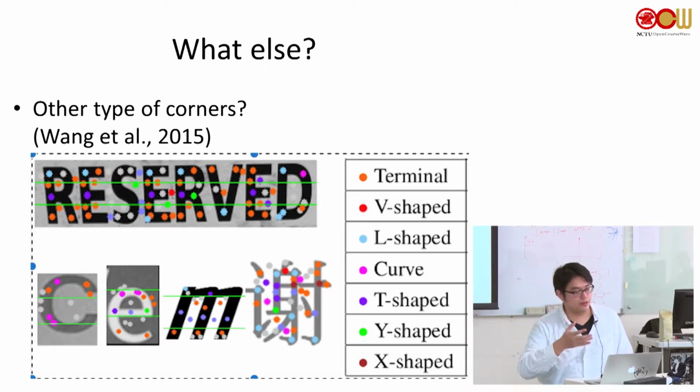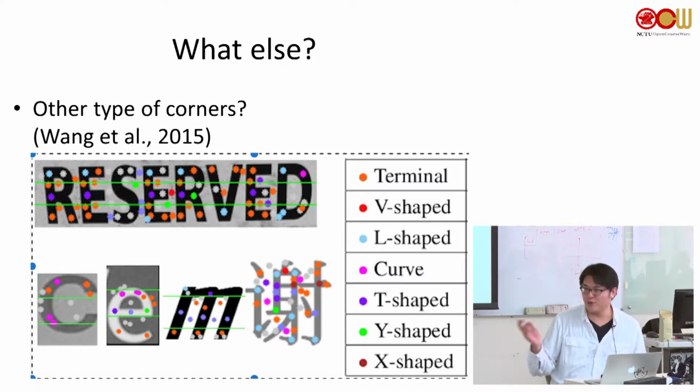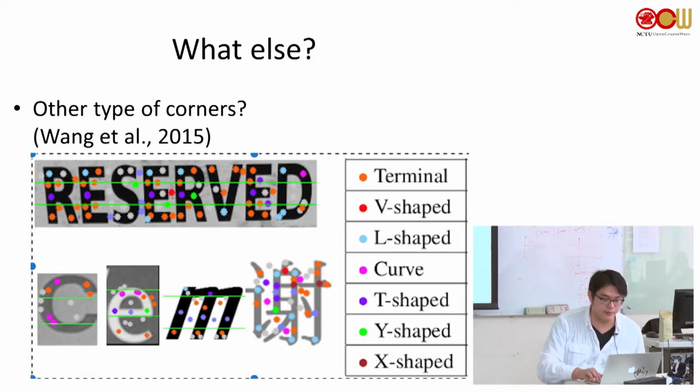Then what will the X or Y shape look like in that kind of encoding? If you are interested, please read the paper. The basic principle is that we do exactly the same thing as the FAST detector, and we do the testing. In real world cases, you will need to do it for a few different radii. Otherwise, you will miss something. There are some details in the paper.